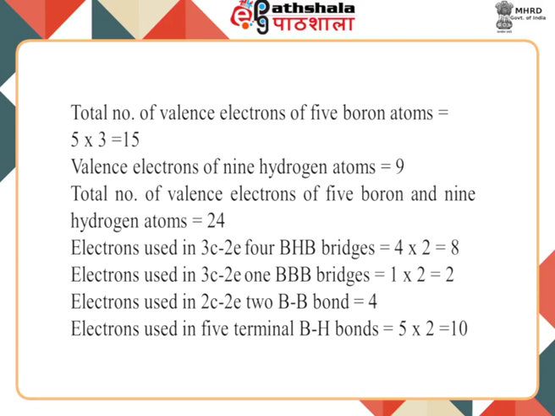Electrons used up in the 3 center 2 electron 4 BHB bridges will be equal to 8, and the 3 center 2 electron 1 BBB bridge will be equal to 2. The electrons used up in the 2 center 2 electron BB bonds is 4, and electrons used up in the 5 terminal BH bonds will be 10.